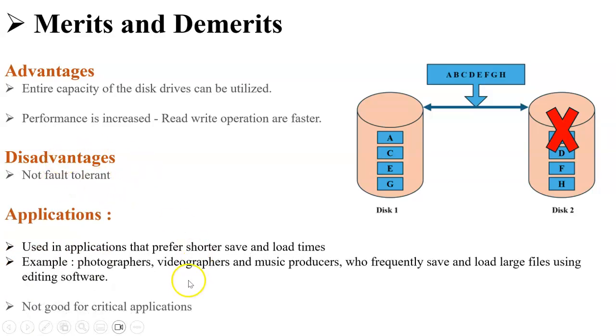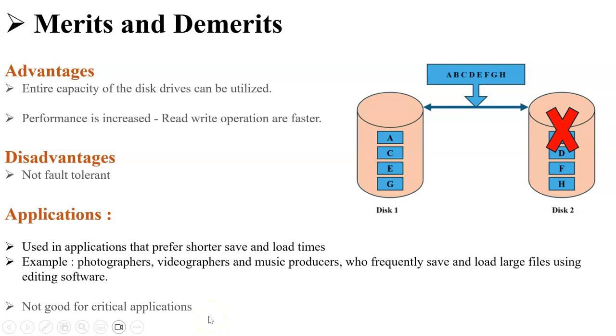The applications of RAID level 0 are those that prefer very short save and load times. For example, photographers, videographers, and music producers who frequently need to save and load large files for editing are a few examples of RAID level 0 use. Obviously, RAID level 0 is not good for critical applications.